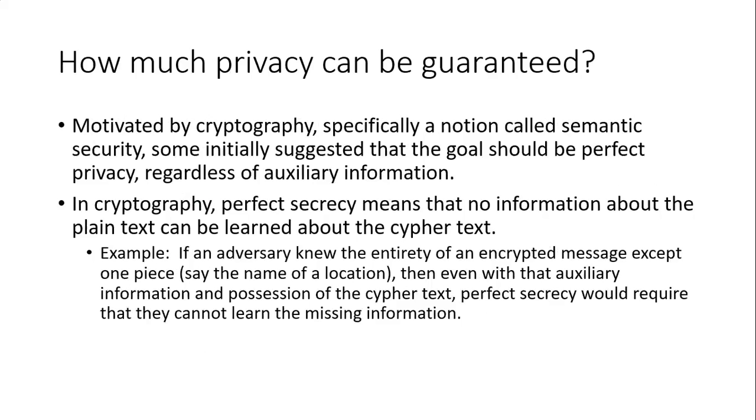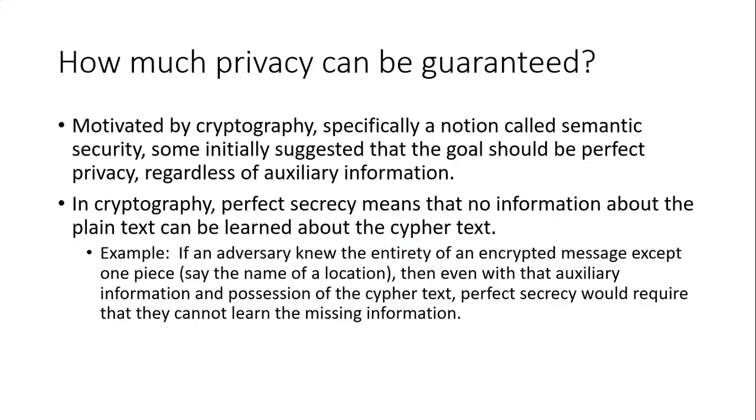So before this idea of differential privacy, there were different questions about how much we can guarantee people's privacy, and what the level of privacy guarantee should be. There were some suggestions motivated from cryptography, specifically a notion called semantic security, which I'm not familiar with, but basically from what I've read, it suggests that in cryptography you can have something called perfect secrecy, which means that no information can be learned about the plaintext from the ciphertext, despite any amount of auxiliary information.